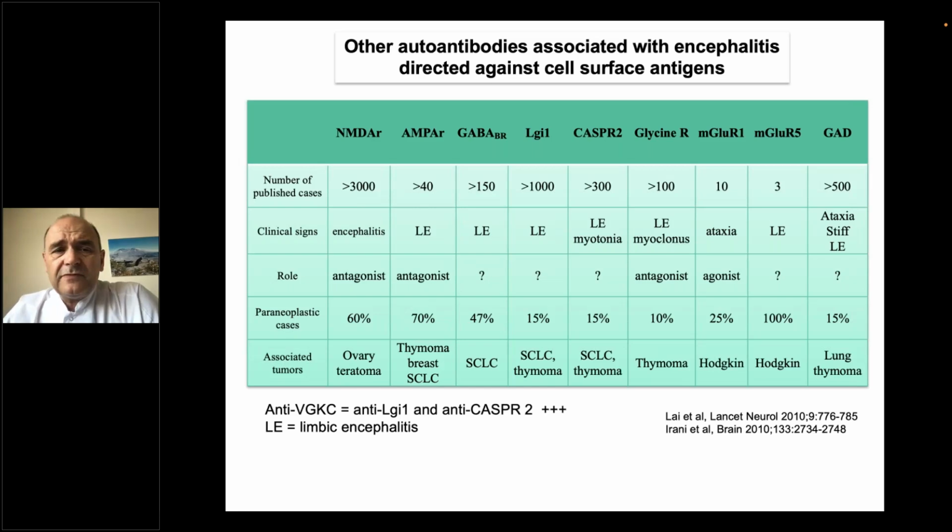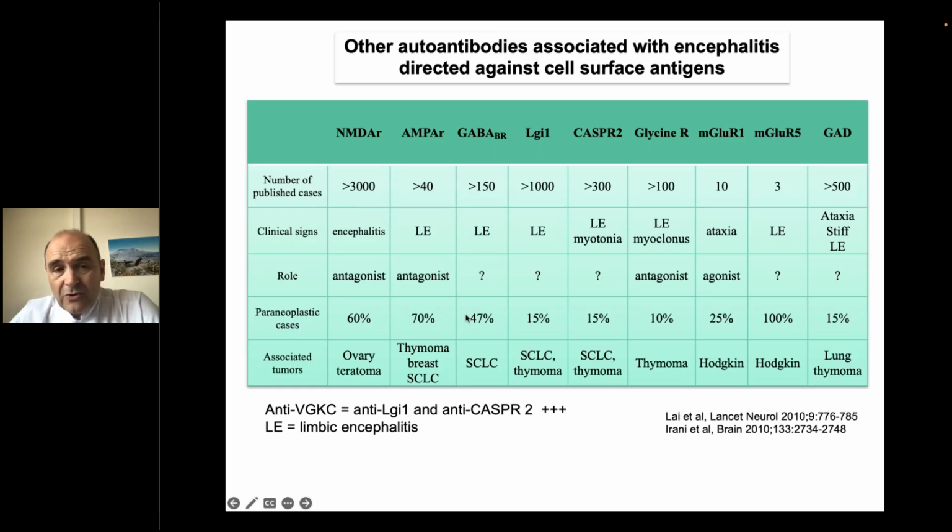But after this first description of autoantibodies against NMDA receptors, Joseph Dalmau and others described many different autoantibodies directed against membrane or intracellular antigens, describing different kinds of autoimmune diseases affecting the central nervous system.